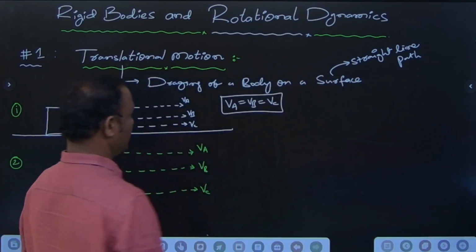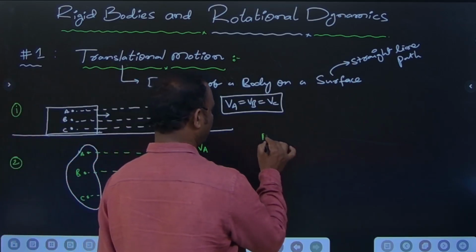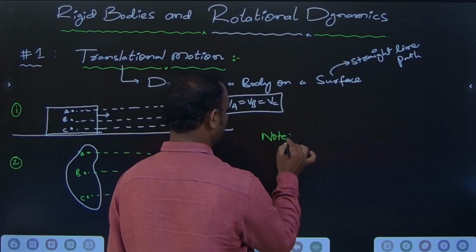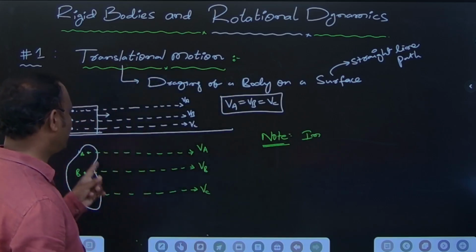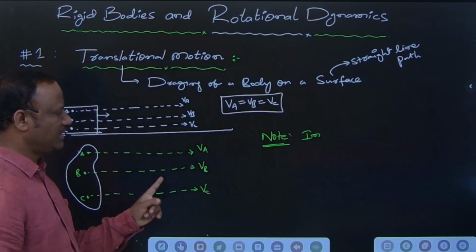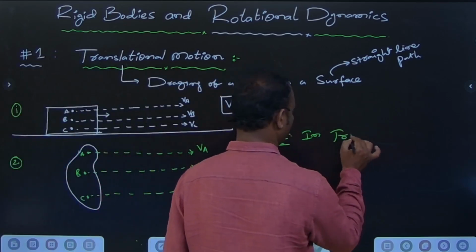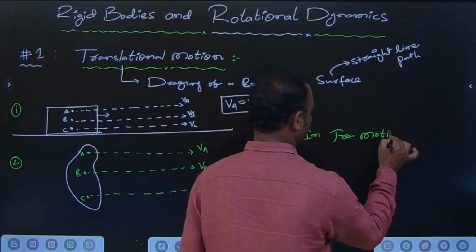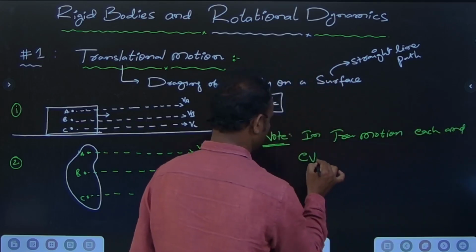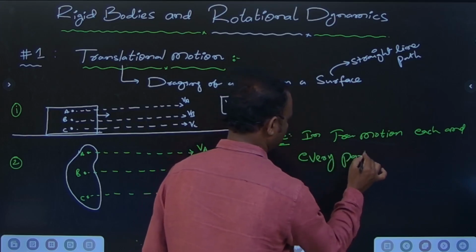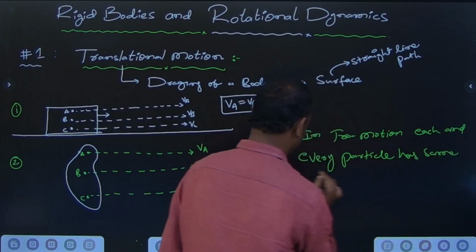The most important thing here is that in translational motion, each and every particle has the same displacement in equal intervals of time.